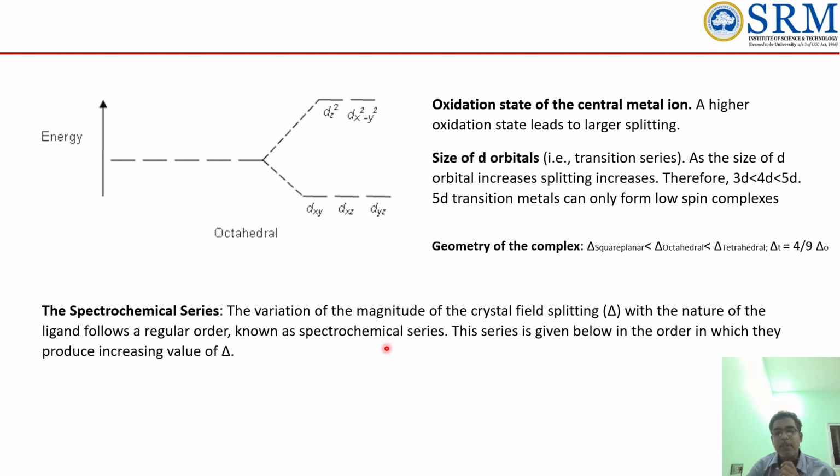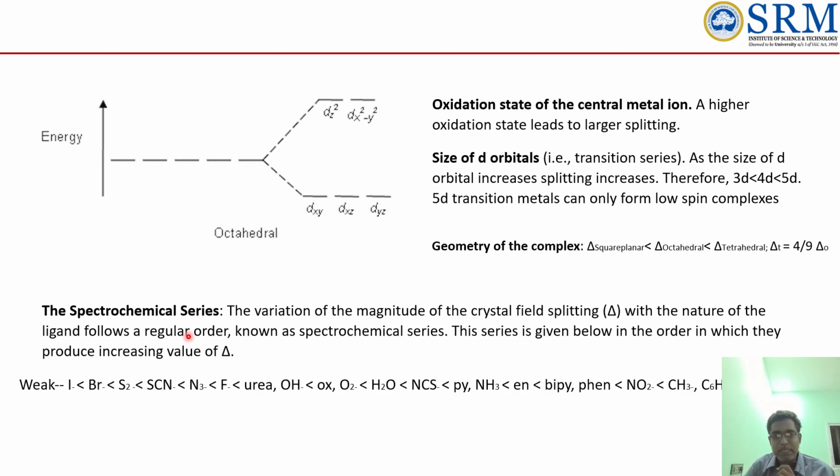This can be formulated using the spectrochemical series. By following the spectrochemical series, it is easy to predict which ligand will split the d orbitals by how much. For example, a weak ligand splits the d orbitals to a smaller extent.